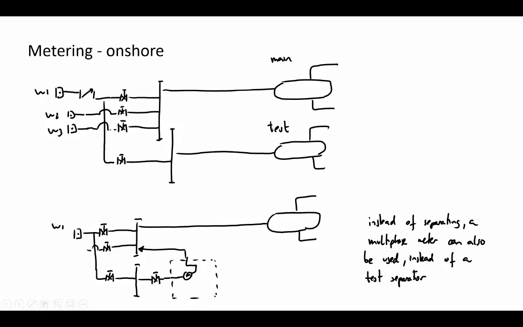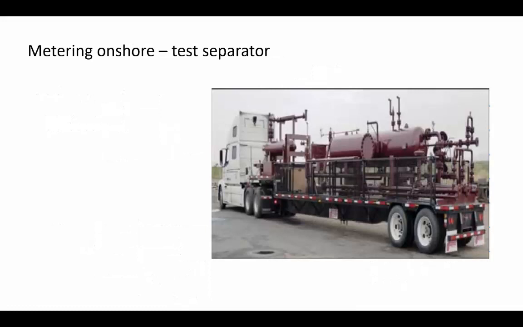Usually, remember, we need to have some valves to isolate, to connect and disconnect that meter, to make service to that meter. But essentially, if I don't need to separate, if I trust my multi-phase meter, for example in cases where I have mainly liquid, so mainly oil and water, then I can use a multi-phase meter with a relatively high level of confidence.